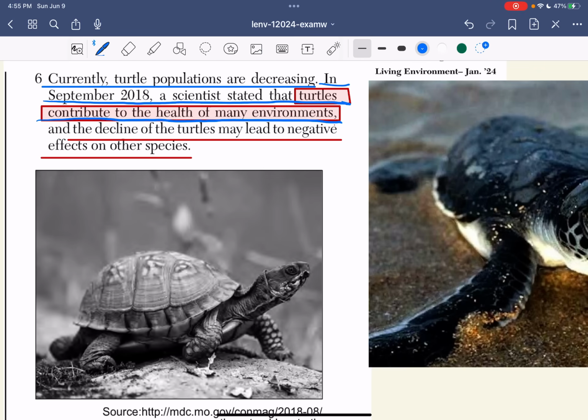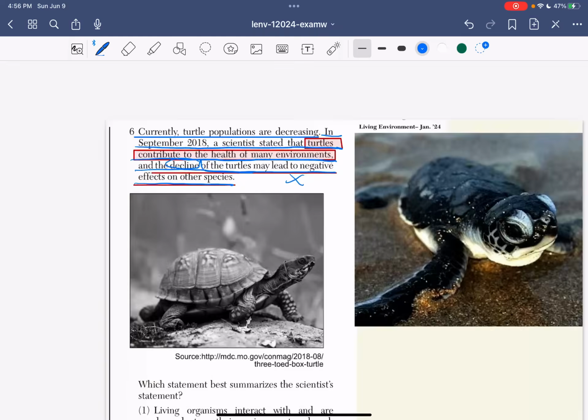The ecosystem where those turtles are living is good because the turtles are existing and thriving. And the decline of turtles may lead to negative effects on other species. So if turtles decline, that is not good for that specific niche or ecosystem.